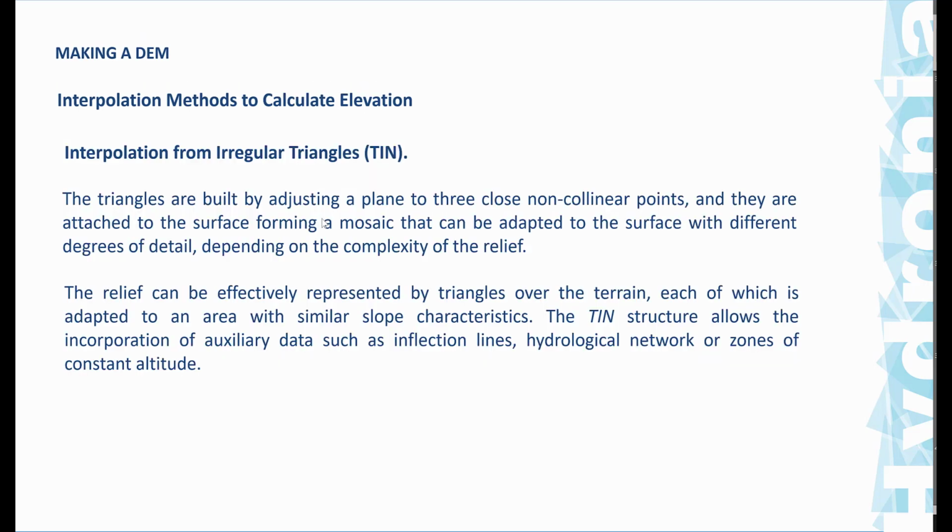Now, the TIN method is very different. It starts from the same data set, but instead of using inverse distance weighting, it triangulates the set of points. This triangulation is then used to interpolate whatever value lies within a given triangle.